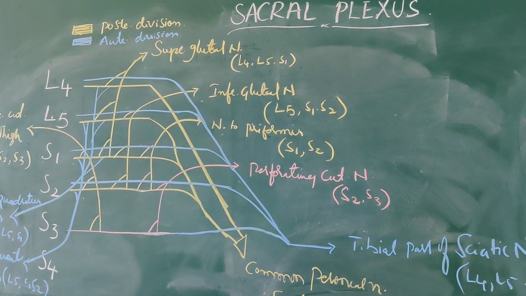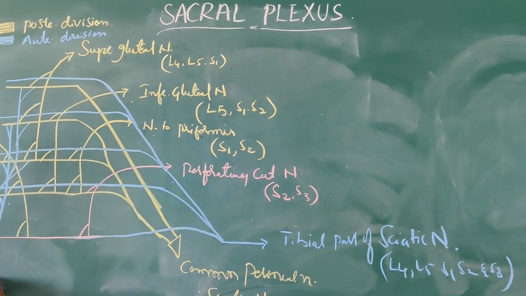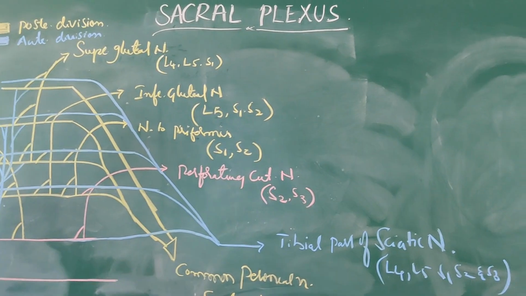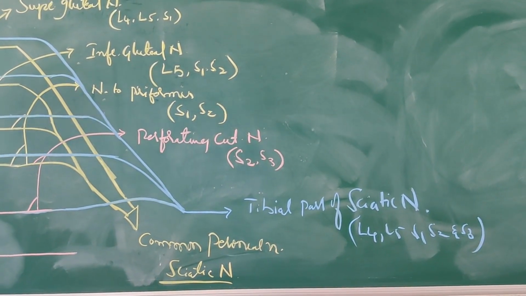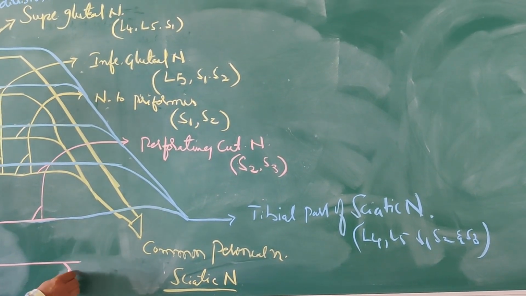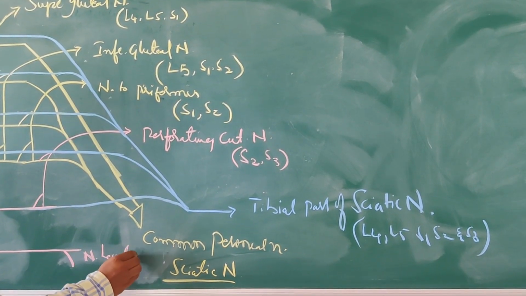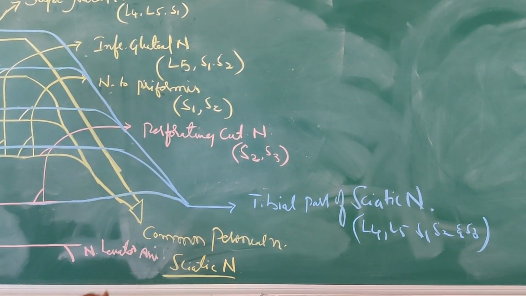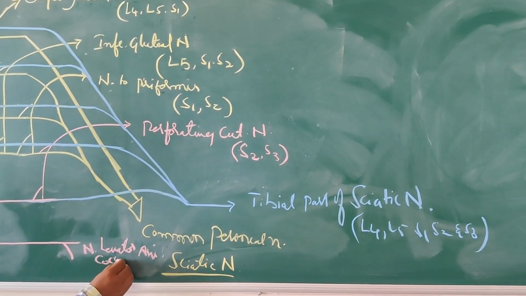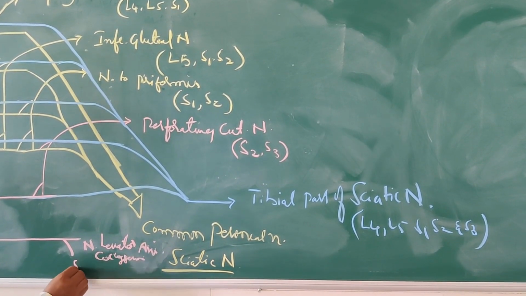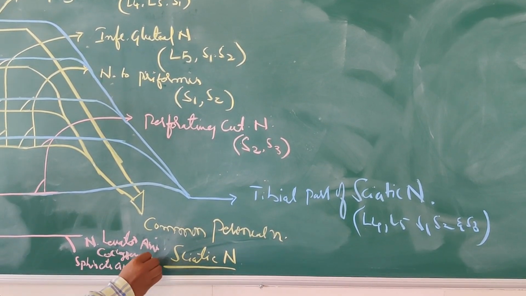So the muscular branches from S4: nerve to levator ani, coccygeus and sphincter ani externus.